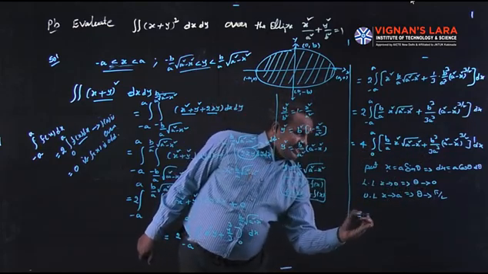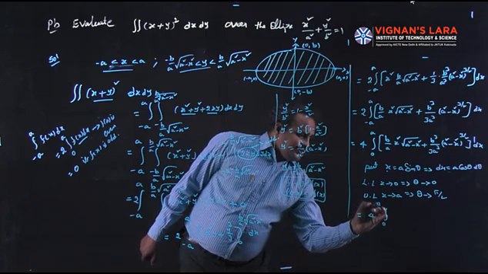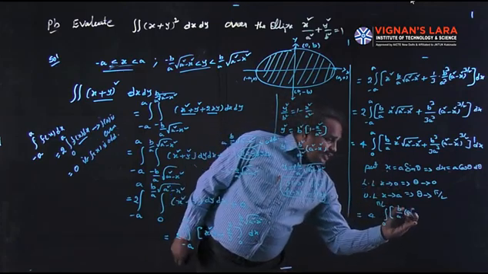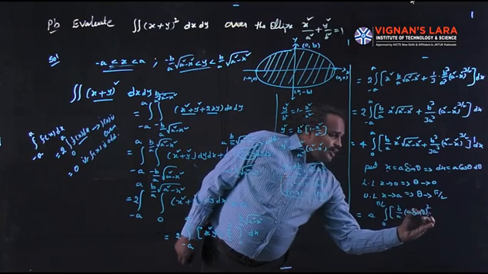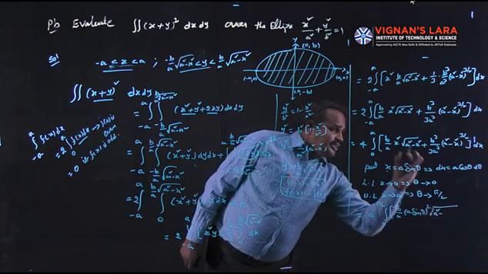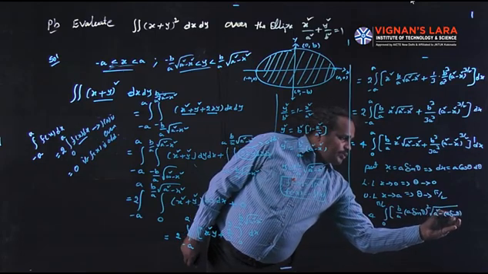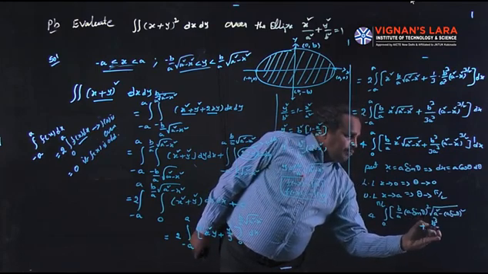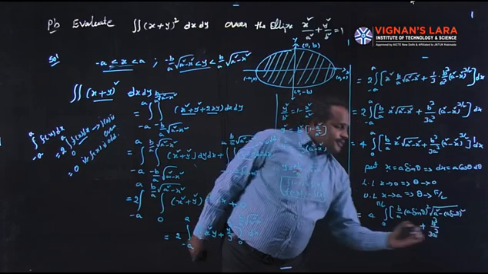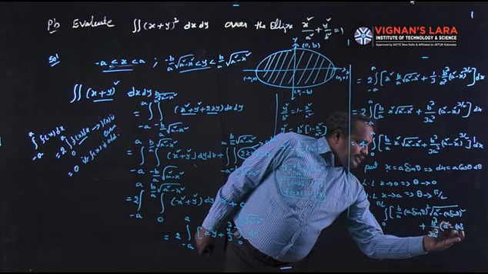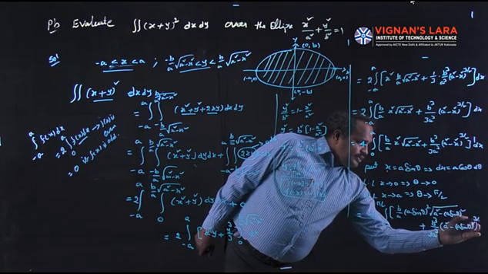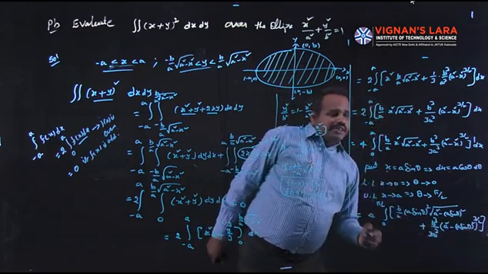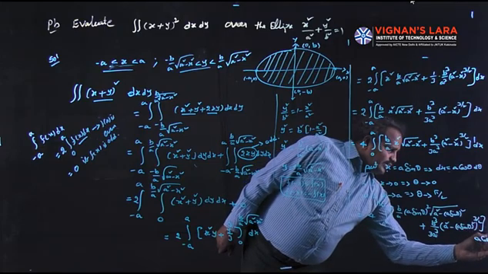Then this integral changes as 4 into integral 0 to pi by 2, b by a, x value is a sin theta whole square, under root of a square minus x square means a square minus (a sin theta) whole square, plus b cube by 3a cube into a square minus x value (a sin theta) whole square power 3 by 2, into dx value, which is a cos theta d theta.